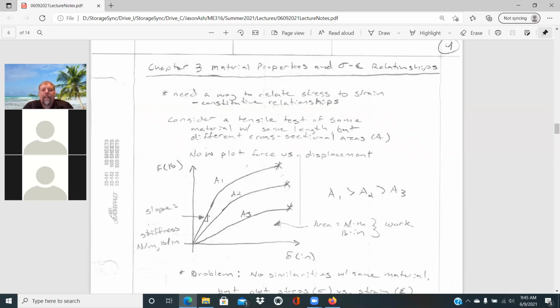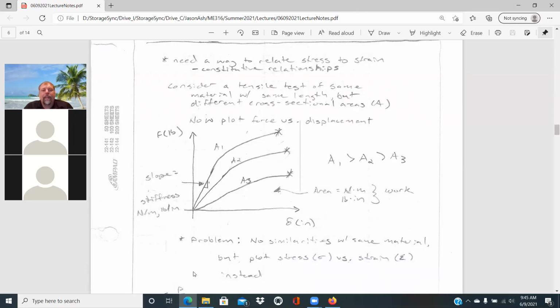The main thing with tensile testing is that it really depends on the length of the material and the cross-sectional area. If we were to plot force versus displacement for a variety of samples, we would get different linear curves if it's a linear elastic material, up to yielding and then up to failure.